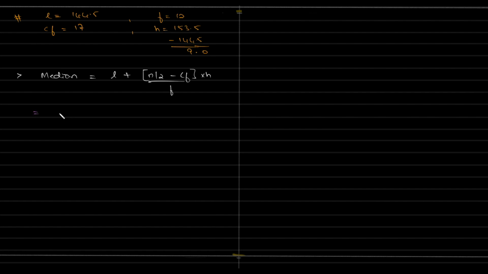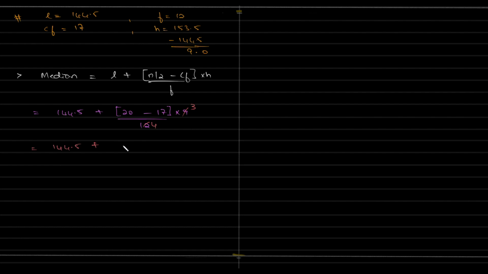So L is 144.5 plus this is 20 minus cumulative frequency 17 into h is 9, frequency is 12. So 3 3s are 9, 9 divided by 4 is basically 2.25.